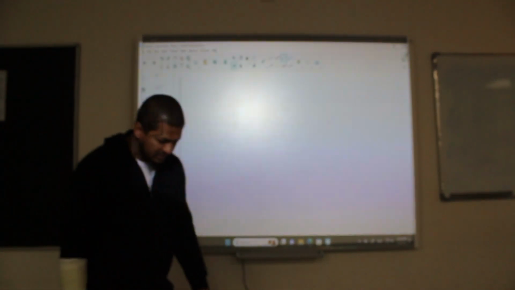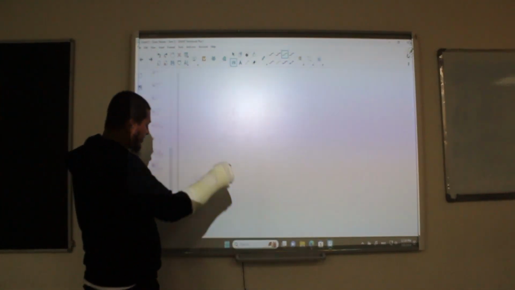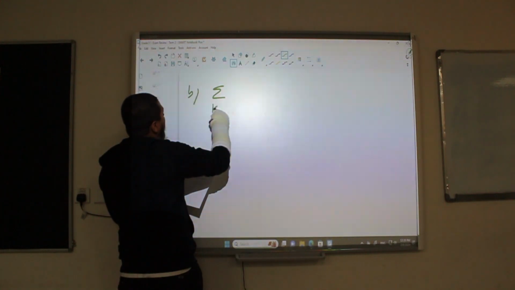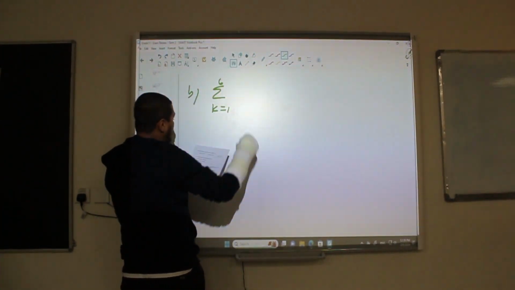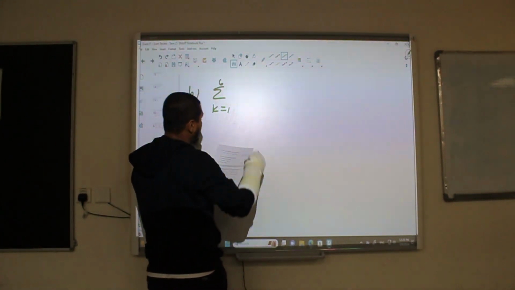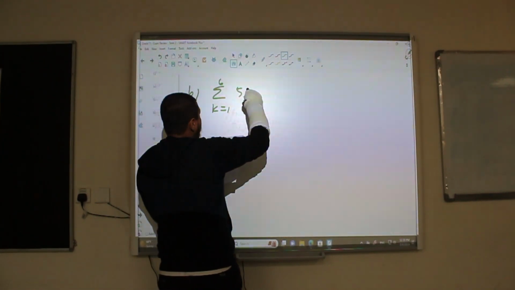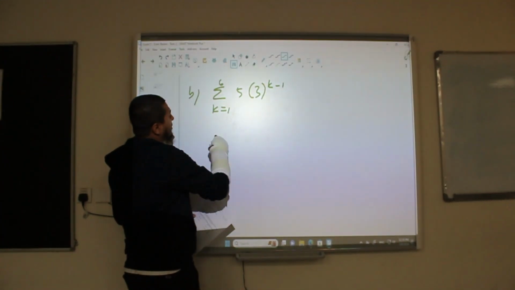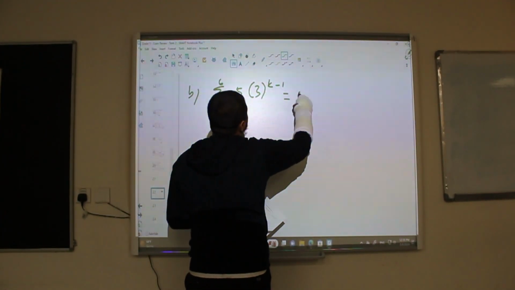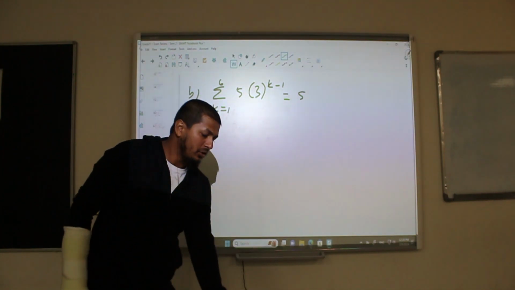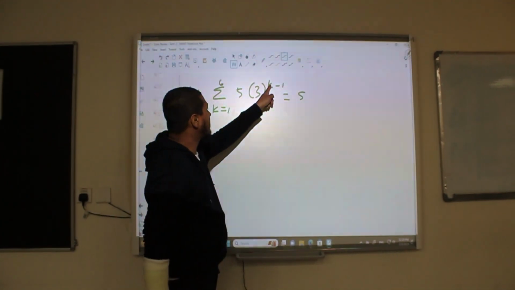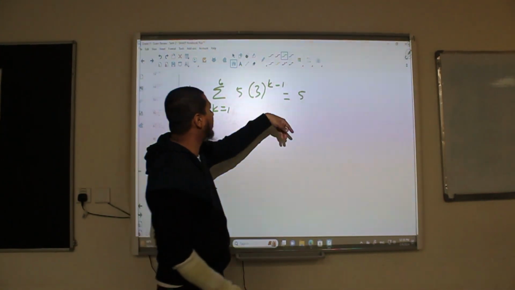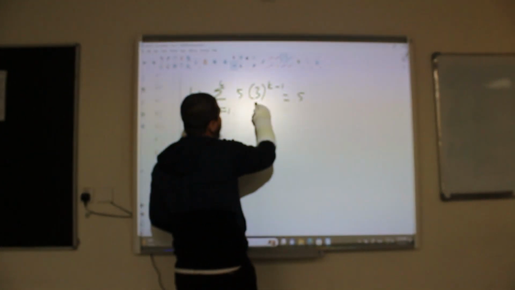Looking at the next problem, 13b, we can see we have k equals 1 to 6 of 5 times 3 to the power k minus 1. Because you know how to expand, I'm not going to use the expansion method here. The first term you should get is 5, because when I substitute k as 1, you get 3 to the power 0. After 5, I just multiply by the common ratio.